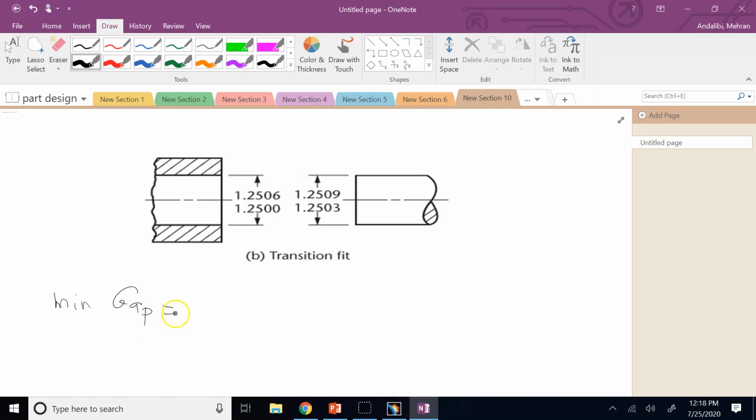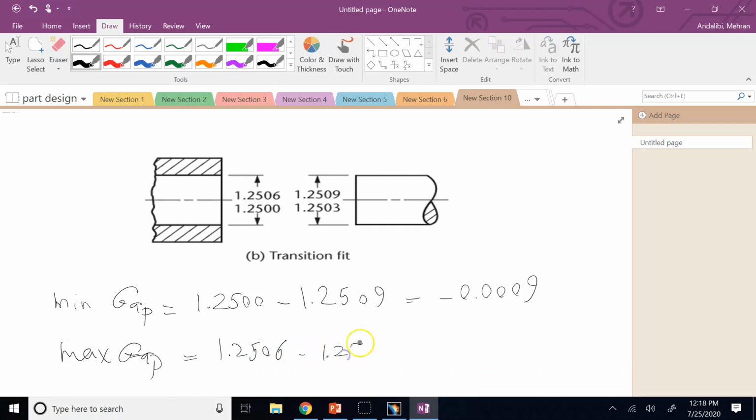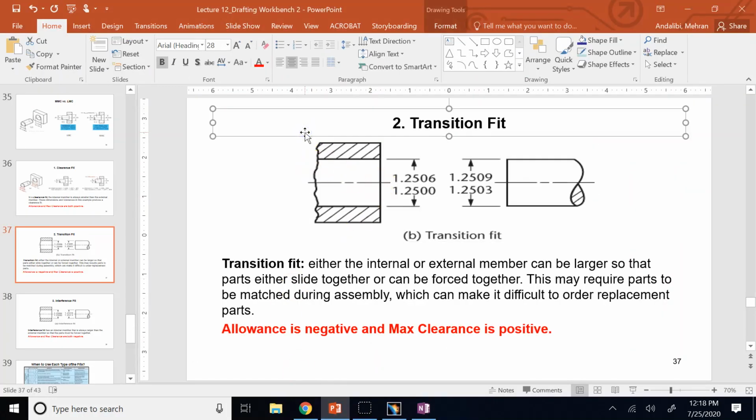Yes, the min gap is the smallest hole size minus the biggest shaft size. So it is negative 0.009. And the max gap is biggest hole size minus smallest shaft size. So this is positive 0.0003. So you see the max gap positive, the min gap negative. That's how a transition fit is.